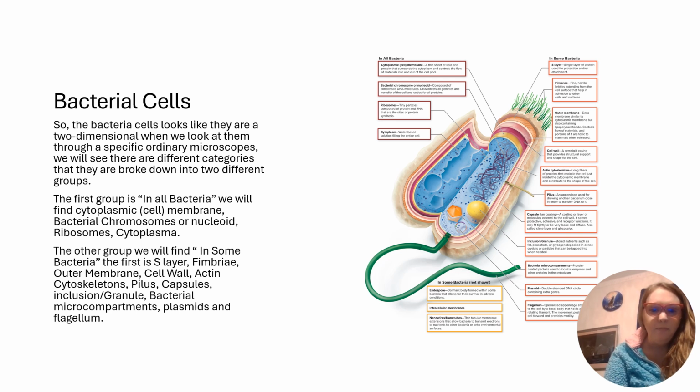In the other group that is listed in the diagram, we will find in some bacteria, the first is S layer, fimbria, outer membrane, cell wall, actin cytoskeletons, pilus, capsules, inclusion granule, bacterial microcompartments, plasmid, and flagellum.